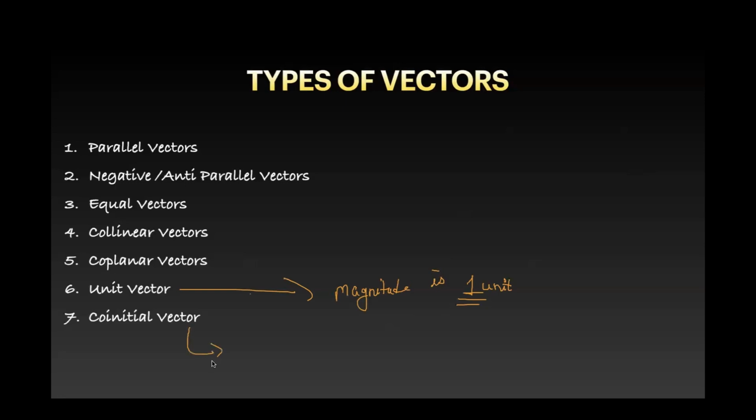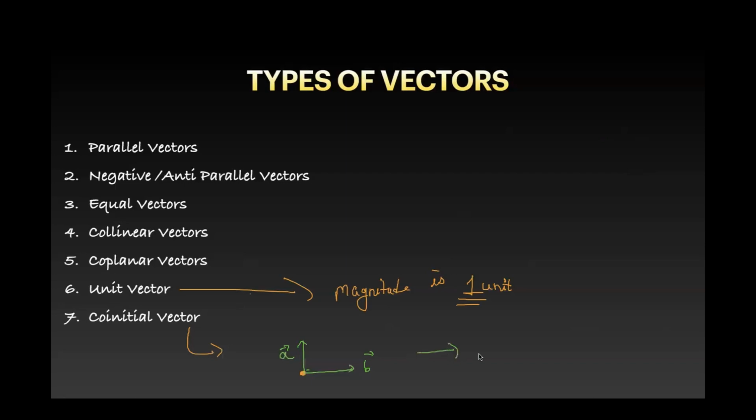Now, what is a co-initial vector? Two or more vectors having the same starting point are said to be co-initial vectors. Assume you have two vectors, one like this, A, and another vector B. These two vectors are said to be co-initial vectors.